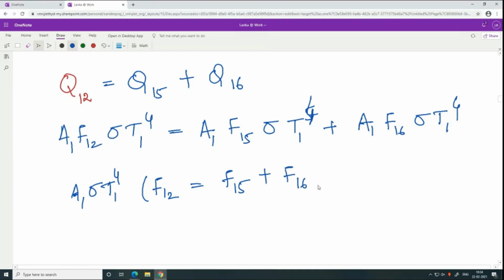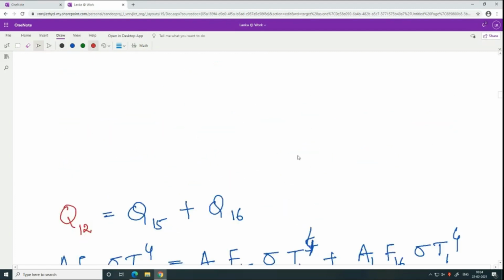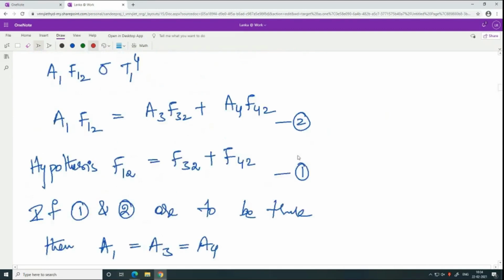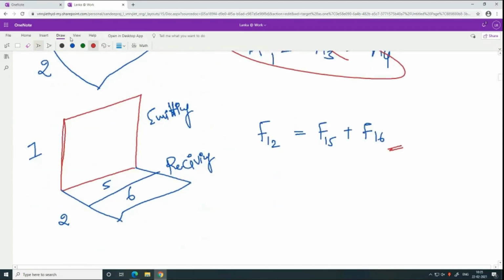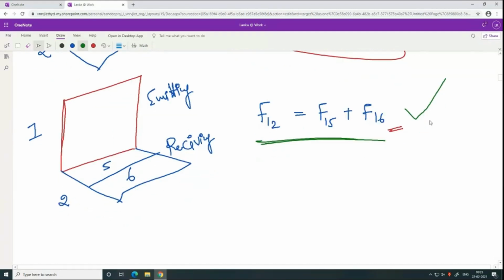So what is this expression? This expression is nothing but your hypothesis. So here you have written your hypothesis. So what you can say is this hypothesis is correct.